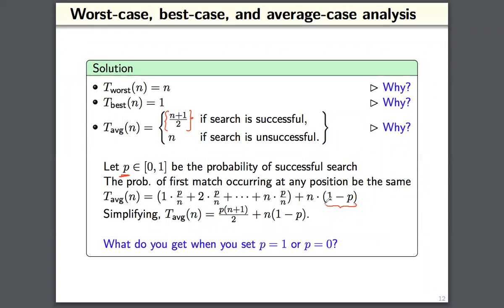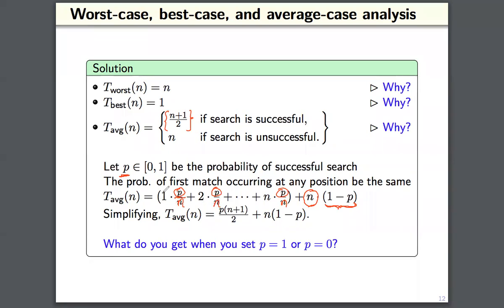The search fails with 1 minus p, failure probability, and the total number of comparisons required is n. Okay, success probability is p, but there are n positions. So you assume that the element is equally likely at every position. So you divide p by n everywhere.